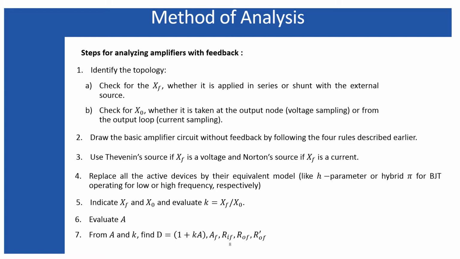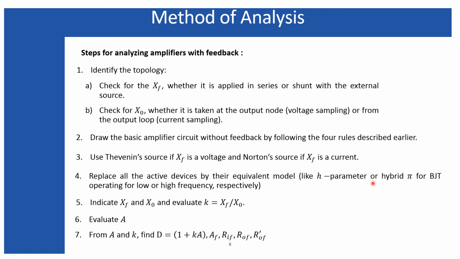And after that, you have to replace the actual active device by its equivalent model. Say for example, if the feedback is achieved using the bipolar junction transistor, then you have to replace it by its equivalent model, H parameter model or hybrid model, that depends upon the range of frequency where you are operating.